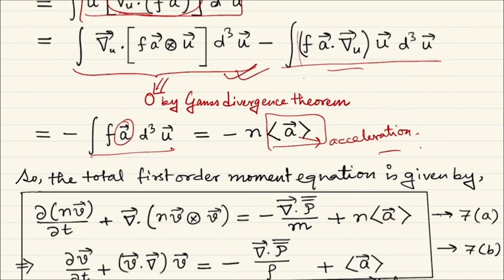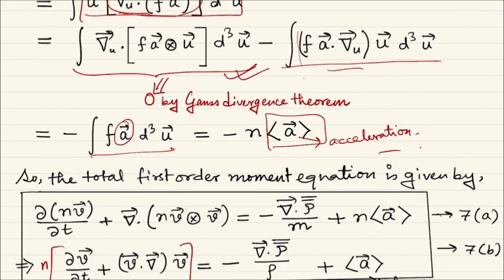Another alternative way of writing this is to expand everything, use the tensorial identity once again, and use the continuity equation. Then you will see two terms cancelling due to the continuity equation, and you finally will have n times this, and the right hand side should look like this.